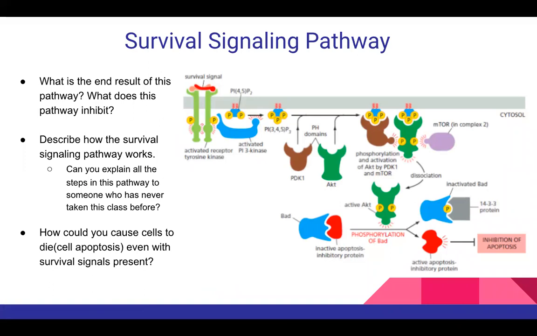Describe how the survival signaling pathway works. Are you able to explain all the steps in this pathway to someone who's never been in this class? And lastly, how could you cause cell death to occur even with the signal present? Those are key concepts to keep in mind when looking at this pathway.